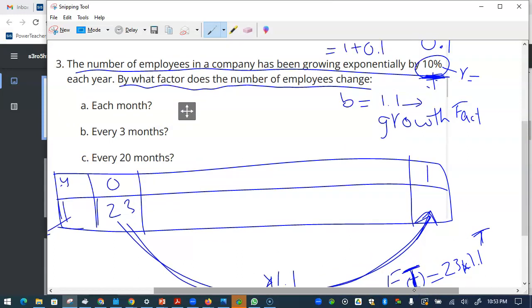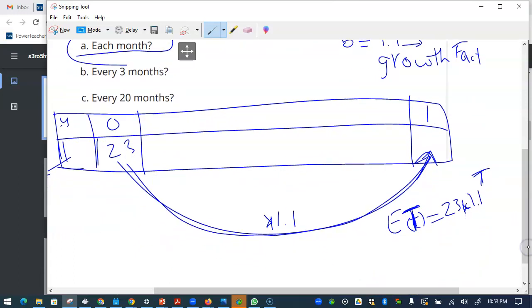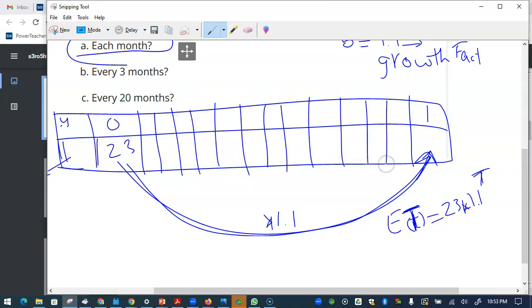But now, if they're asking you every month, then this thing will change. I want to know now, you see there are 1, 2, 3, 4, 5, 6, 1, 2, 3, 4, 5, 6. So we want to know every month how much, right? So monthly. So E of M. See, I'm talking about month. If it is monthly, in the beginning the employees were 23.